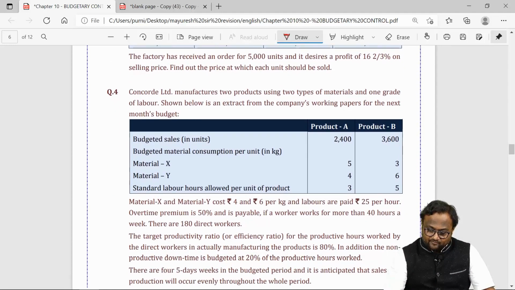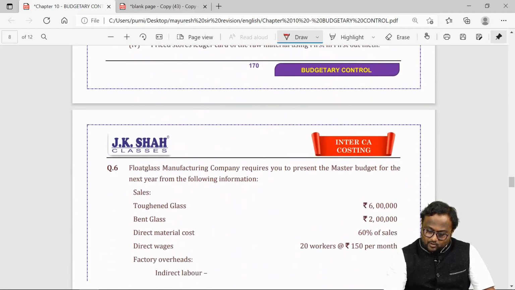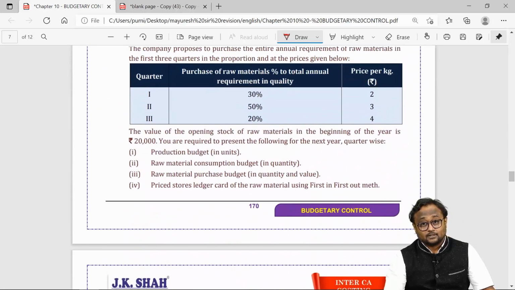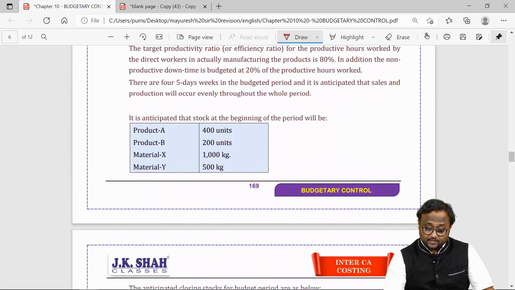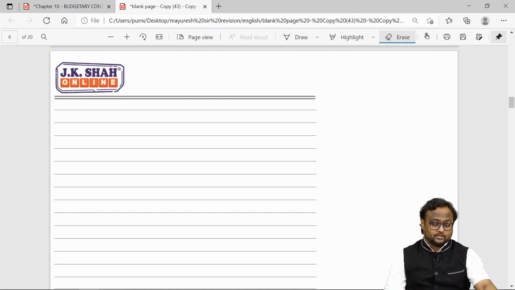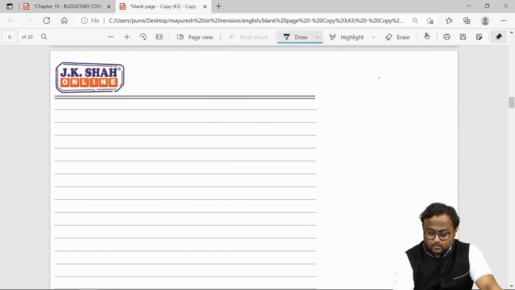So, that was about fixed and flexible, guys. Now, let's talk about functional budget, which is a very important part of this topic. The second category of questions which are generally asked in this topic are related to functional budgets.